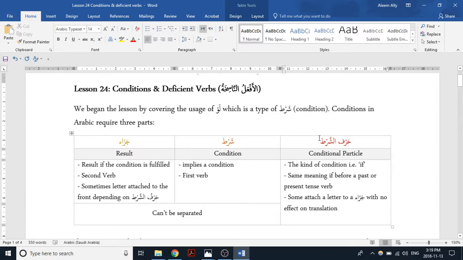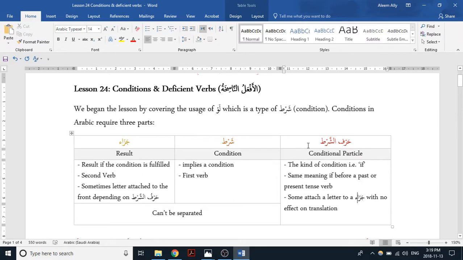So after you have the harfu shart, which is the conditional particle, then you have the shart, which is the condition itself. This is done through a verb, and it implies the condition. The second is the jaza, which is the result. The result pretty much can only occur if the condition is fulfilled, and it's done through a second verb.